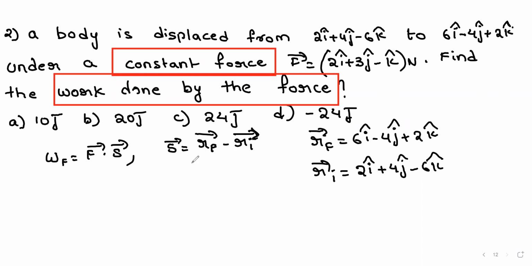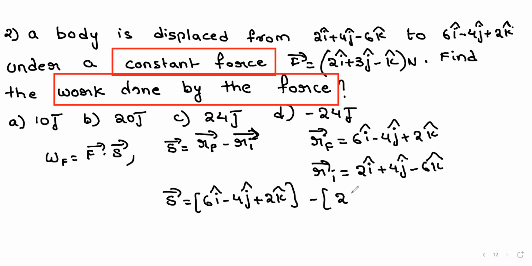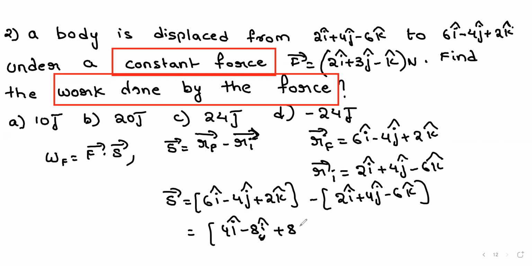If we substitute these in the displacement formula, we get 6i minus 4j plus 2k minus 2i plus 4j minus 6k. 6 minus 2 is 4, minus 4 minus 4 is minus 8j, and this is plus 8k.